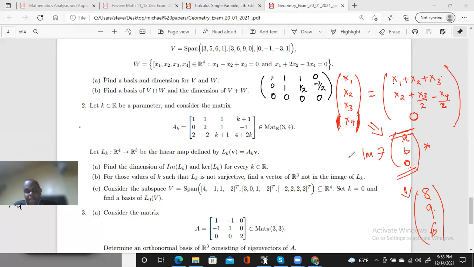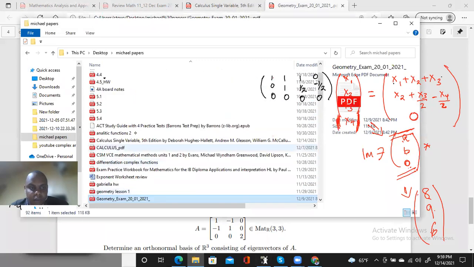So if we check the answer, let's check Question 2C. The answer said LK is not surjective when the image of LK is not equal to the three-dimensional space, and that is for K equals -1.